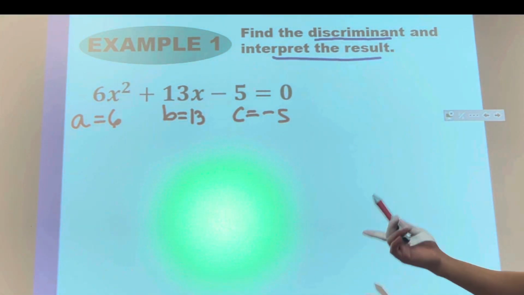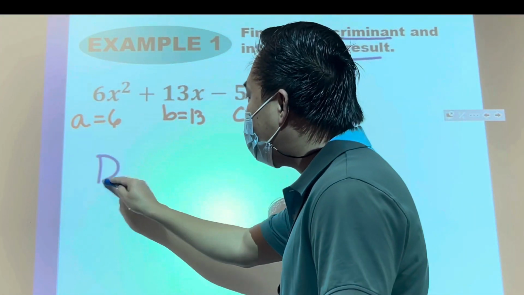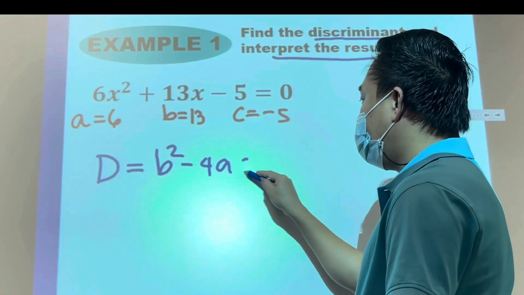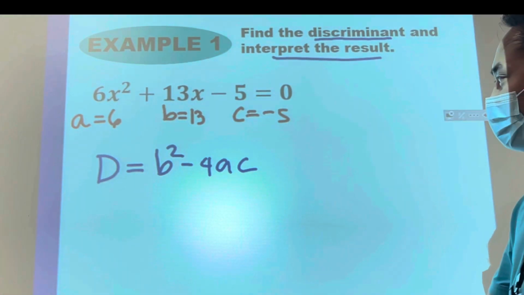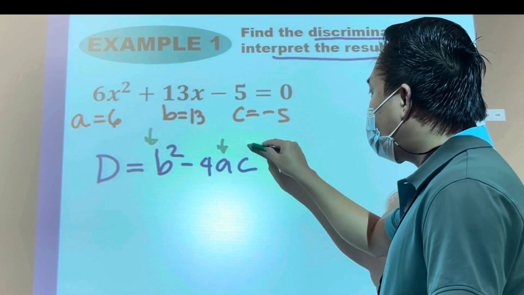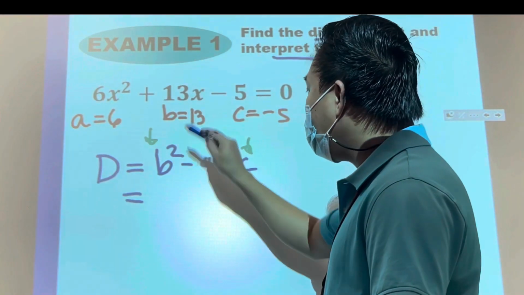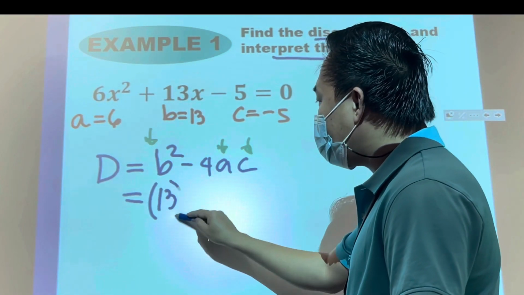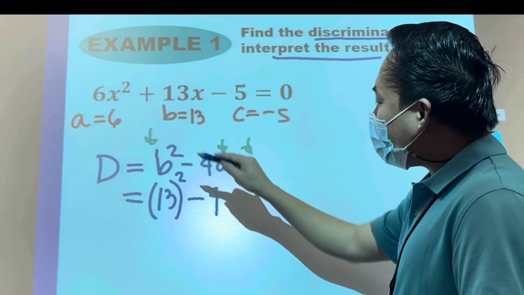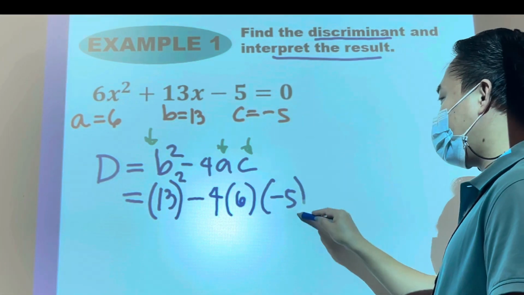Then compute the discriminant, D. The formula is D equals b squared minus 4ac. Just plug in b, a, and c: b is 13 in parentheses, minus 4, a is 6 in parentheses, c is negative 5 in parentheses.